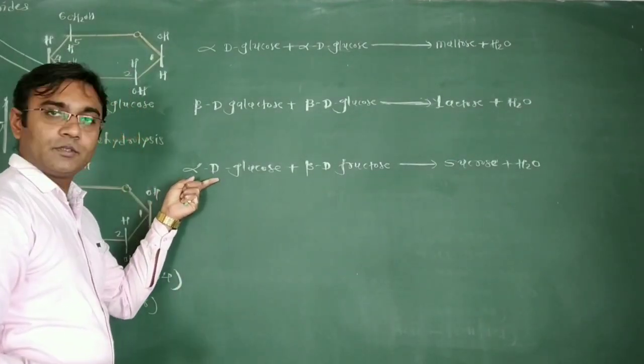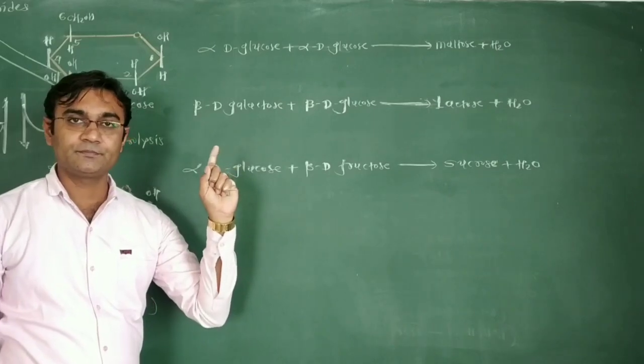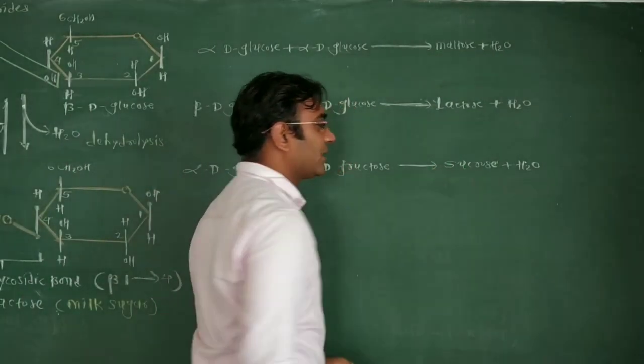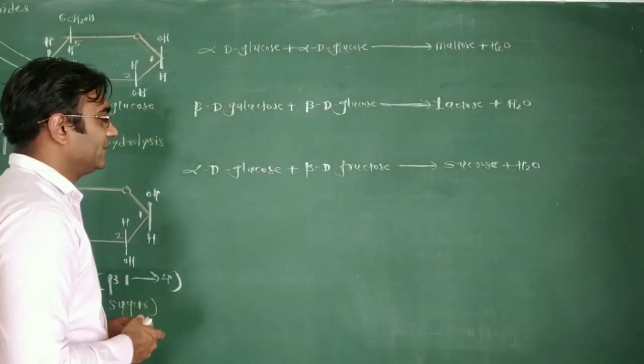Alpha D glucose linked with beta D fructose. So we obtain a third category of disaccharide, that is sucrose plus water. What will the linkage be?